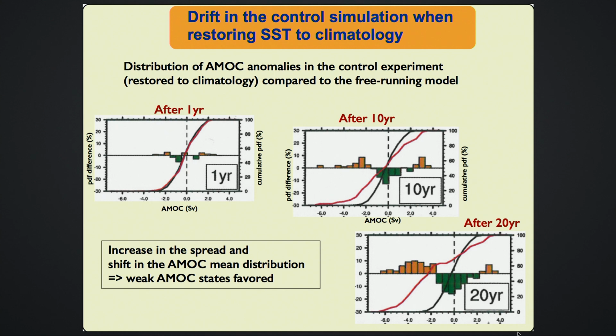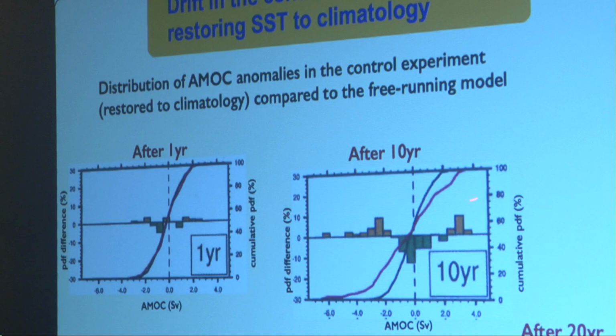So in the free-running model, sorry, in the black, we have a Gaussian behavior. And the red lines represent this PDF in the experiment where we restore the sea surface temperature anomaly. Basically in the control run, you see that the values lie within the range between 3 Sverdrup and 2.5 Sverdrup, but when we restore to climatology, we really increase the spread of the AMOC.